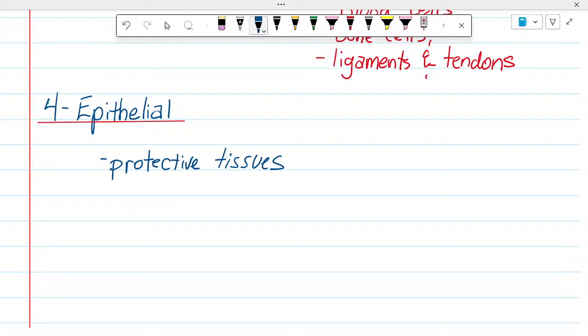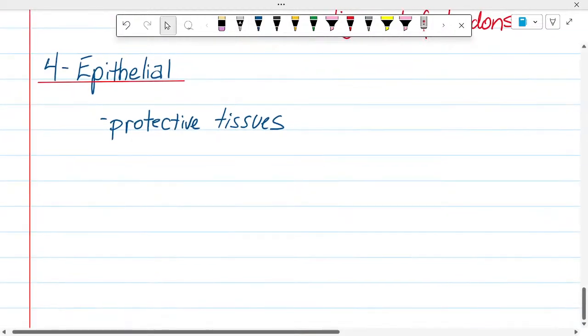So anywhere that the cells of your body can interact with the outside world, you have a tough layer of tissue that protects it from damage, both physical, chemical, and microbial. Does that make sense? Protects us from bacteria, from fungus, from viruses, and from whatever. So protective tissues, they're tough, durable, they're designed to be short-lived.